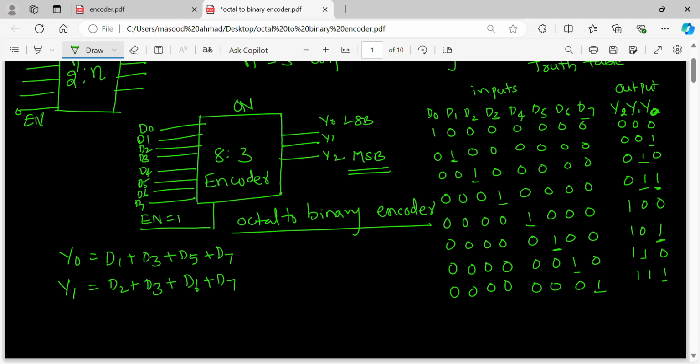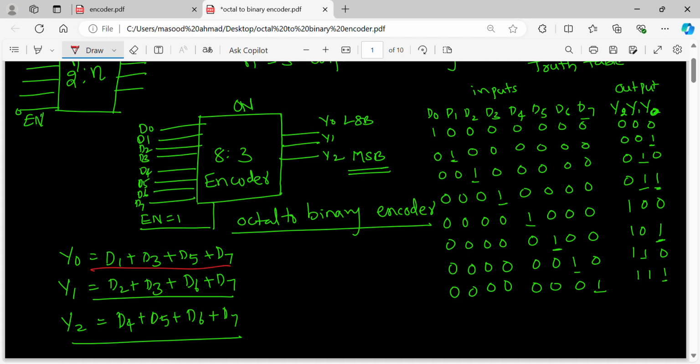Next, what is Y2? Y2 is 1 for D4 or D5 or D6 or D7. So I can implement these using OR gates, and my circuit will be ready.